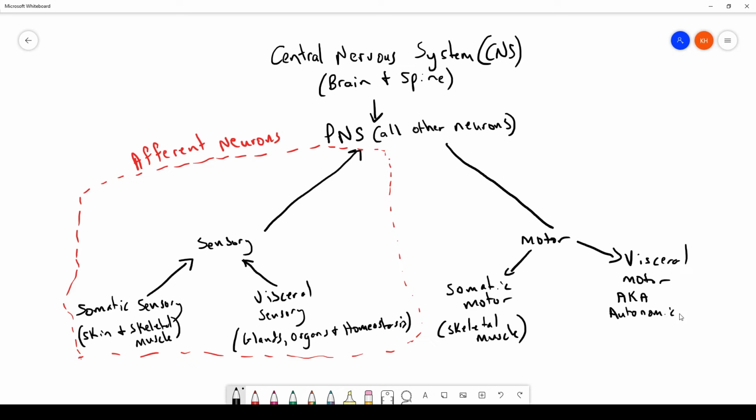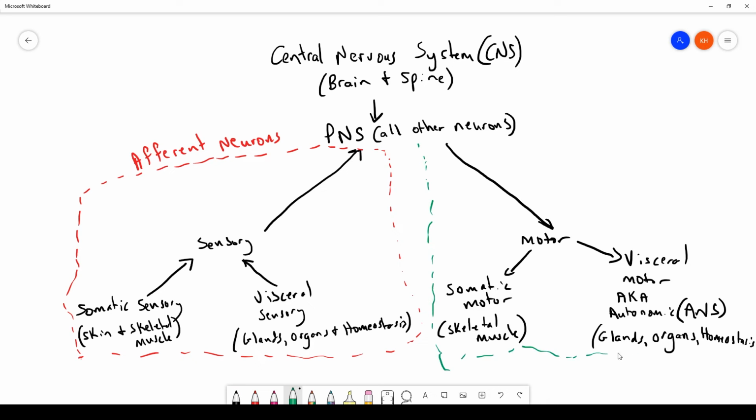We can technically further divide our autonomic nervous system into the parasympathetic division that prepares our body for rest and digest responses, and the sympathetic division that prepares our body for fight or flight responses. We will discuss more about these autonomic divisions and their effects on the body in later episodes. Collectively, all of the neurons that lead out to the body for motor movement are called efferent neurons.